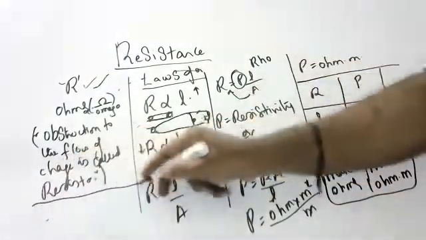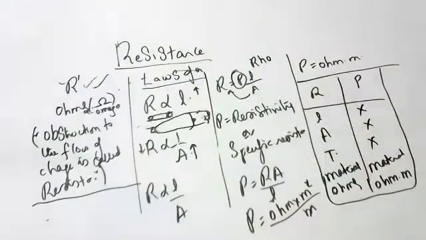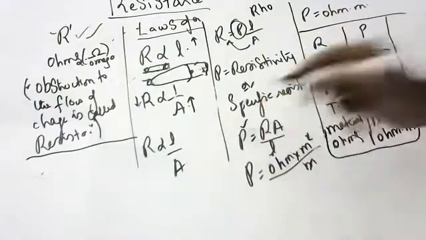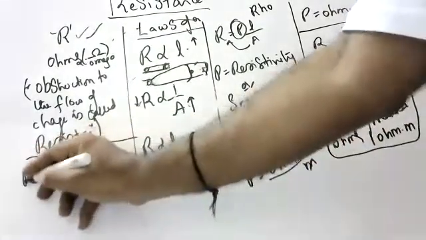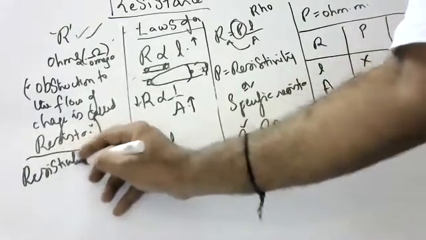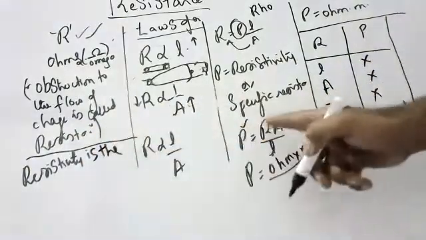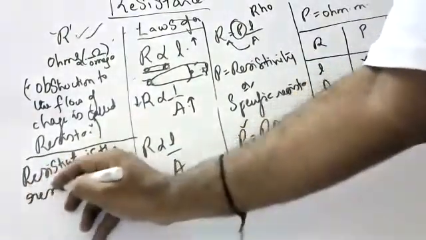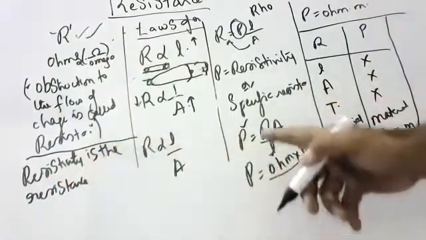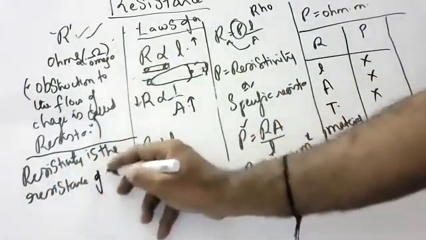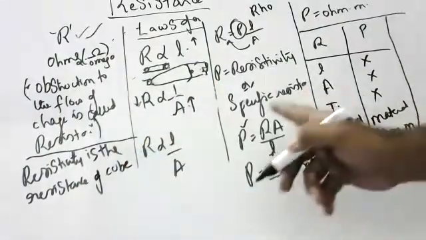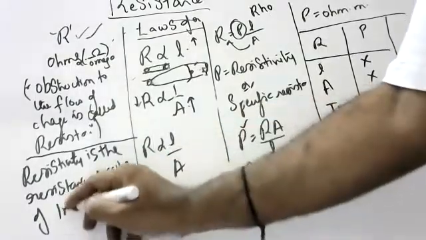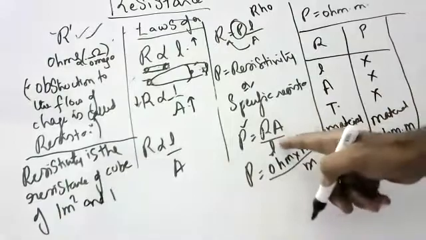Okay, resistance is obstruction to the flow of charge. Fantastic, no problem there. But what is the definition of resistivity, children? Listen carefully. Resistivity is the resistance of a cube of 1 meter square area and 1 meter length.